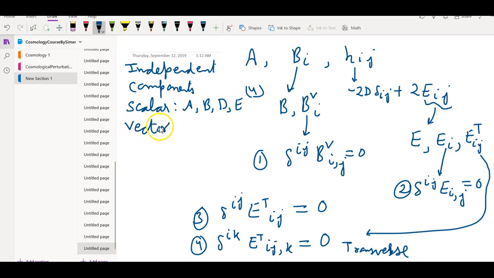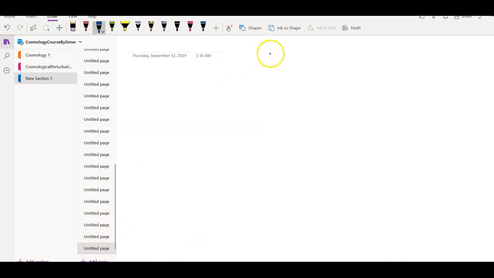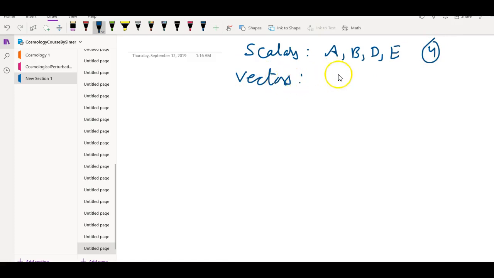Vectors: after extracting scalar B, this is the leftover part, B^V_i, and then we extract one from tensor E_ij, which is E_i.